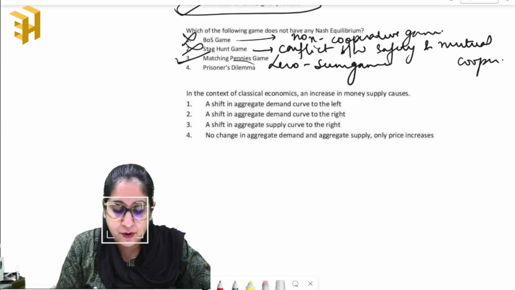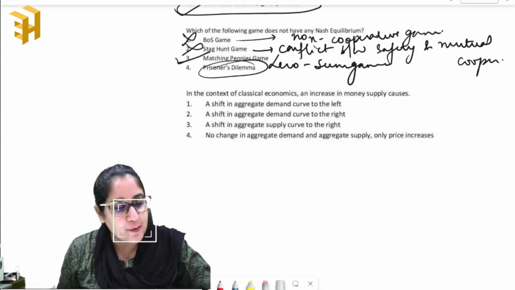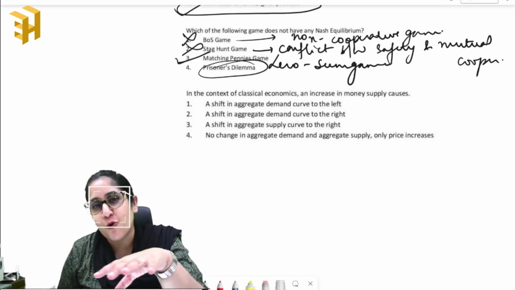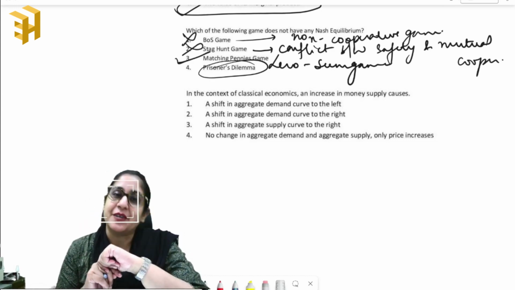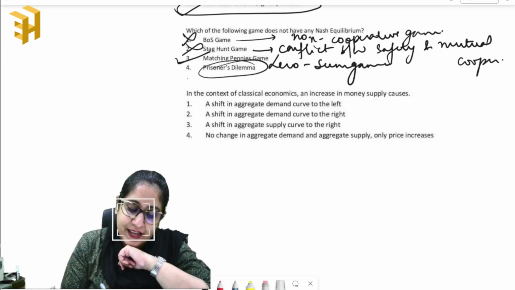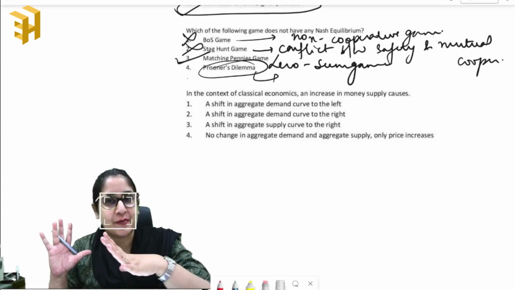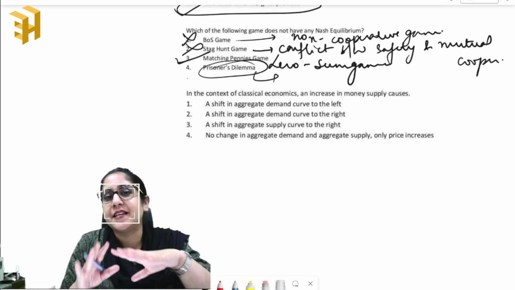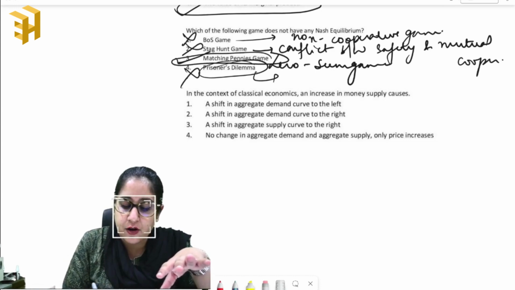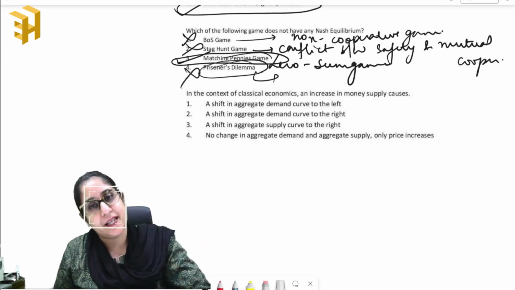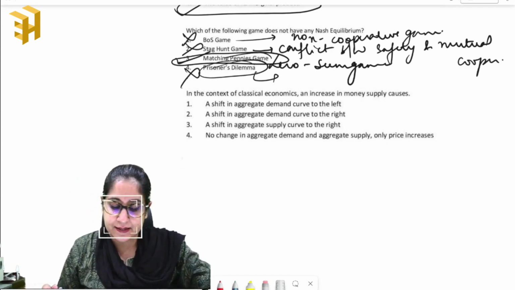Last, you know it all, prisoner's dilemma. This is where the firms fail to cooperate in the fear that the other party may betray. There also there is a Nash equilibrium, a low return Nash equilibrium, but still there is one. So fourth cannot be the answer. The correct answer is your matching pennies game.